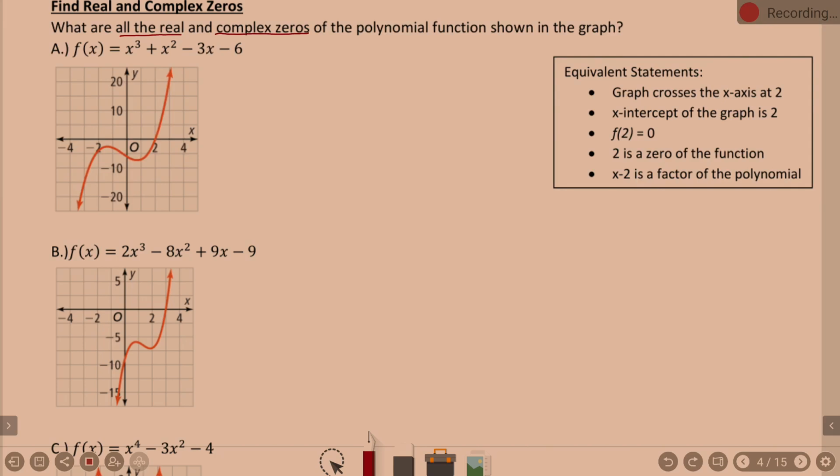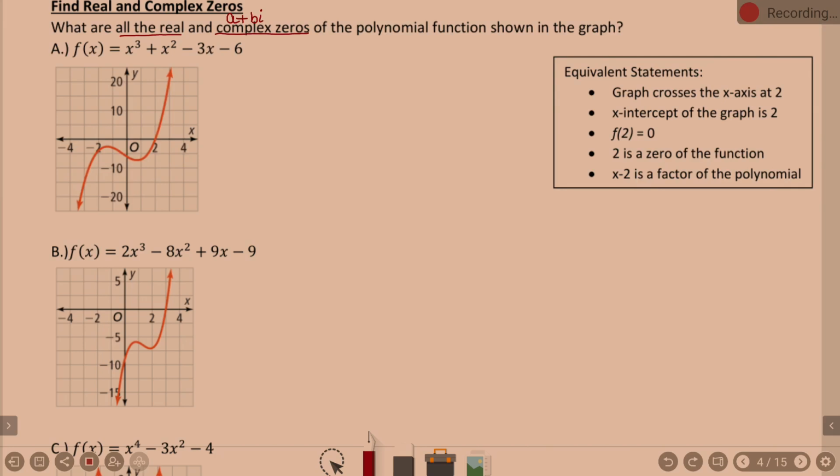Now, we know what real is. What's complex? When they say complex, that's their fancy way of saying imaginary zeros. So those are the zeros that are in the form a plus bi. Okay. So we're going to find the real, we're going to find the imaginary.